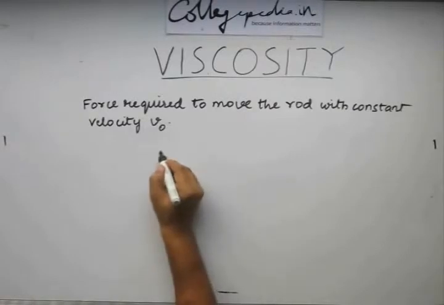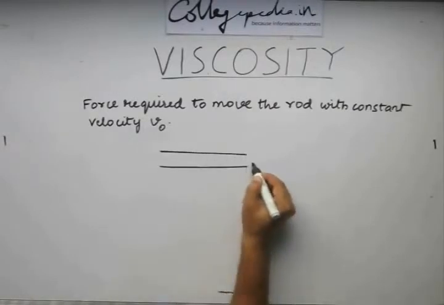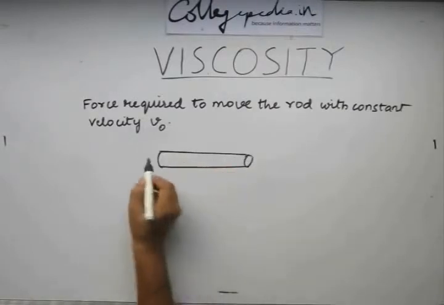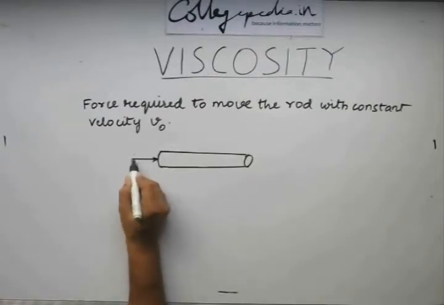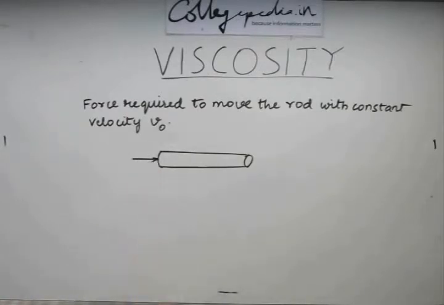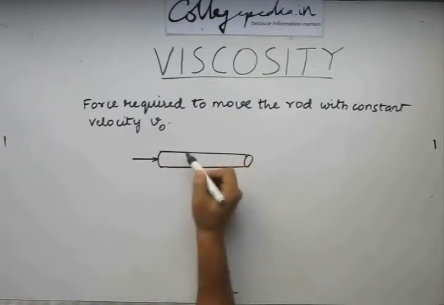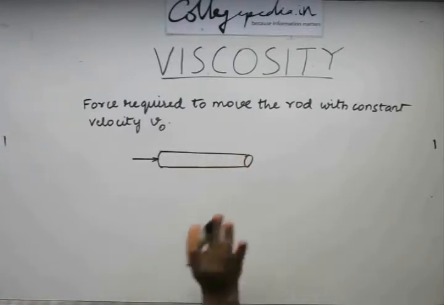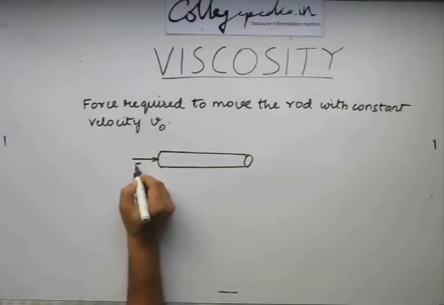So if we consider the free body diagram of this cylinder, we need to apply some force which will balance off the viscous force acting on this cylinder. This is what we require.